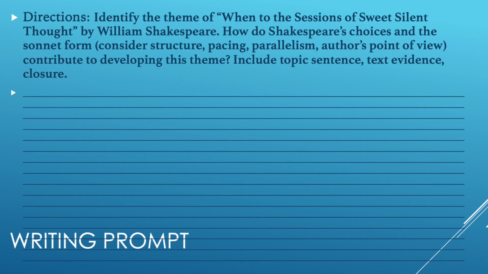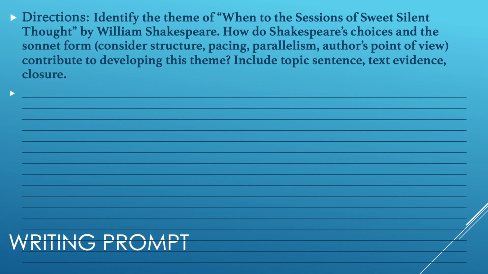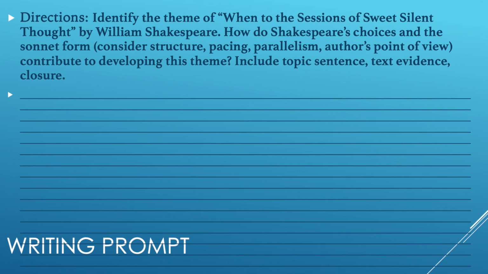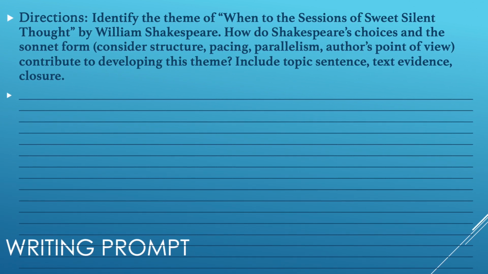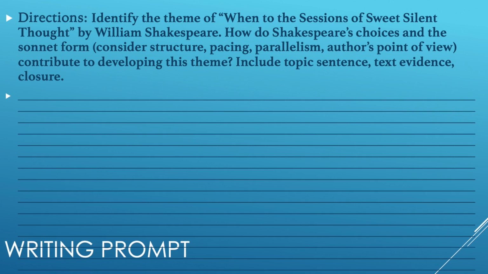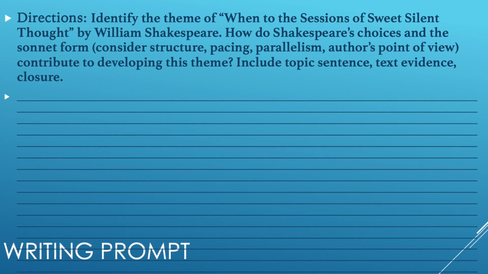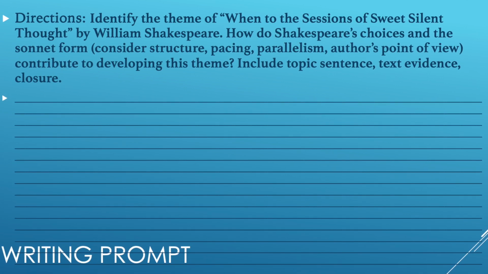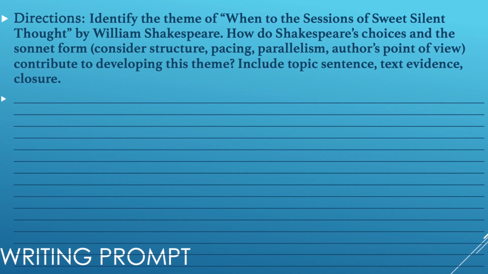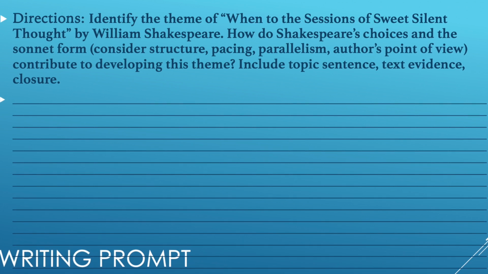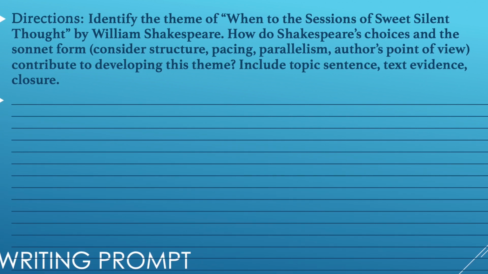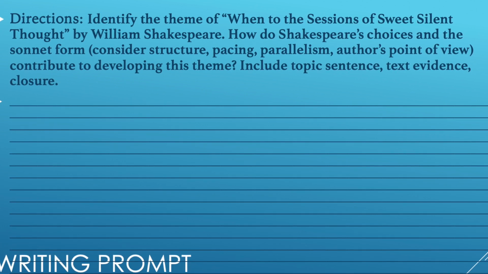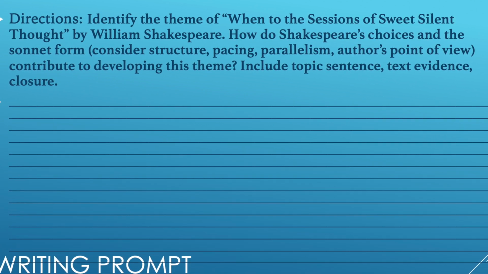Include topic sentence, text evidence, and closure, especially if you're doing this with high school students. They do need that kind of specific guidelines. But this would be a great lesson for undergrad or upper level high school. And so this is asking you to look at the formal requirements of a sonnet form and see how it contributes to the meaning or the theme through the author's choices. And that's basically the gist of an English sonnet.